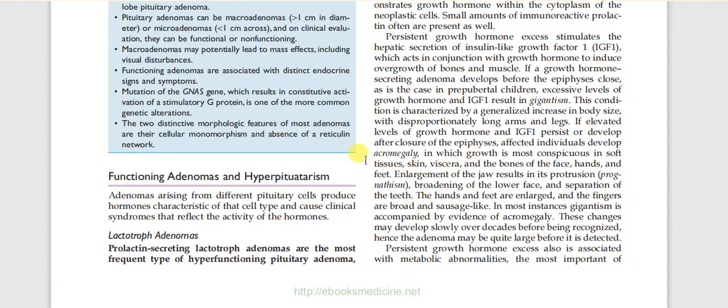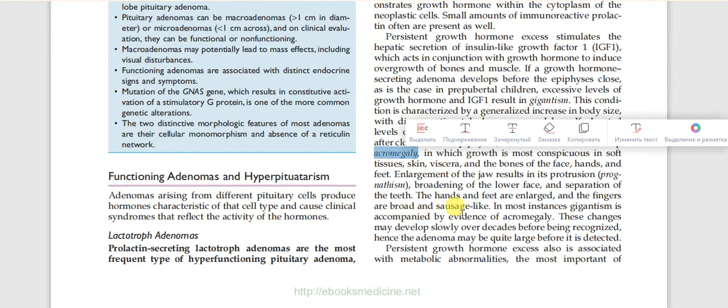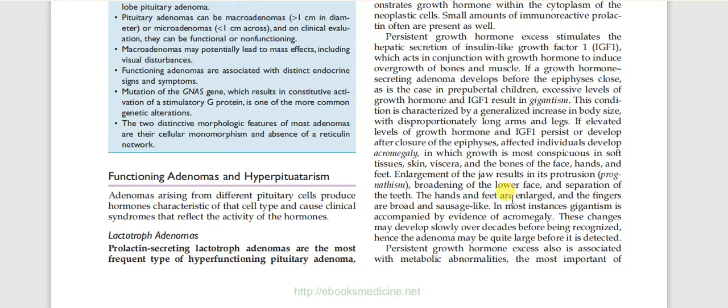And then we have another syndrome known as acromegaly. Acromegaly is growth happening in growth plates. If gigantism goes on from childhood, it moderately increases the size of the body. But in acromegaly, it affects only the remnant parts of cartilages. So here you see the difference.